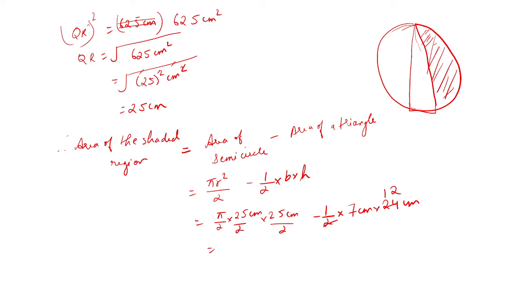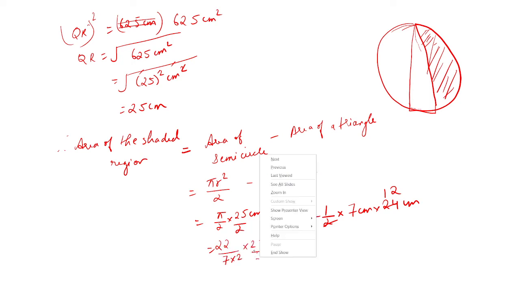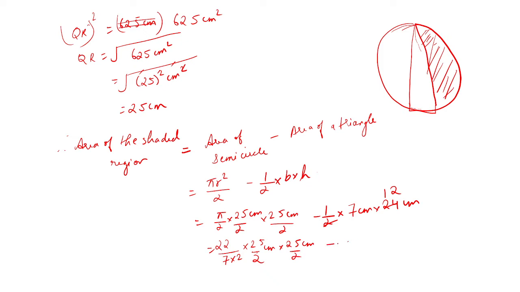Then you can replace your pi with 22 by 7, okay? 22 by 7 into 2 into 25 by 2 into 25 centimeter by 2 minus 84 centimeter square, because there are 2 centimeters here, okay?